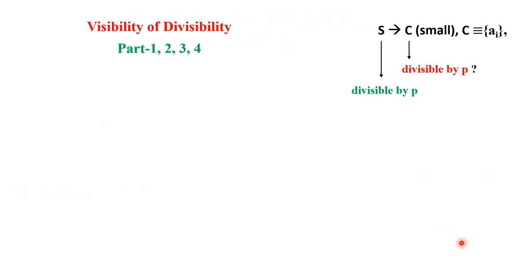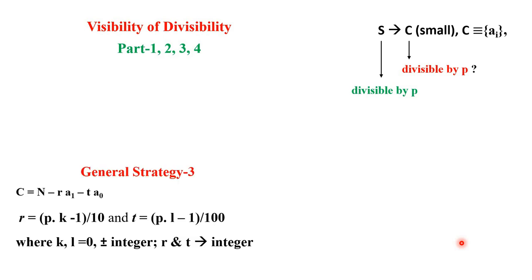And divisibility tests for these 4 parts, we also have discussed general strategy 3, and that is dropping two numbers, and the general formula for C is N minus RA1 minus TA0, where R and T are given by these two expressions, provided K and L are integers, plus minus or 0.